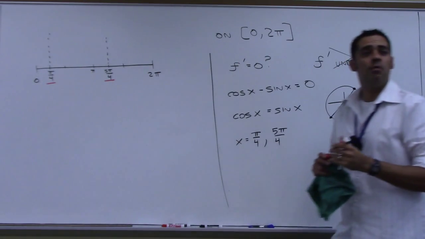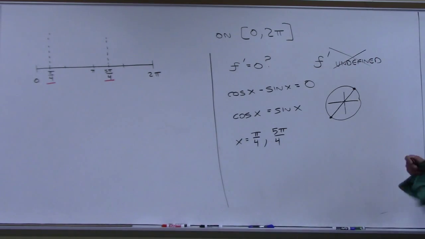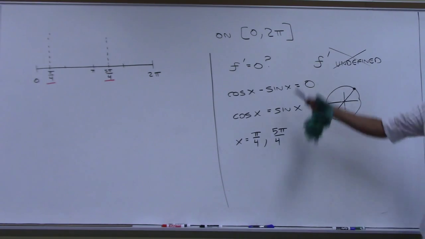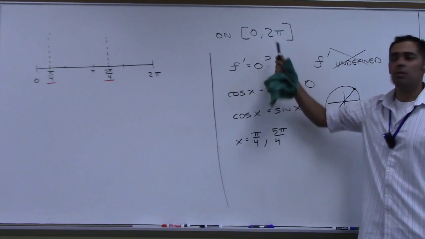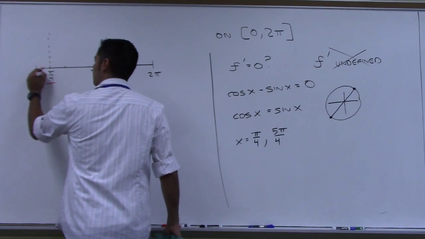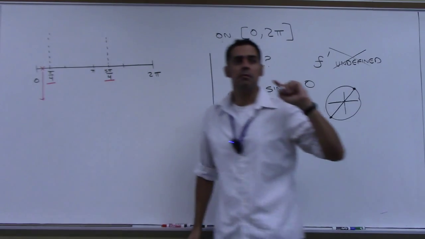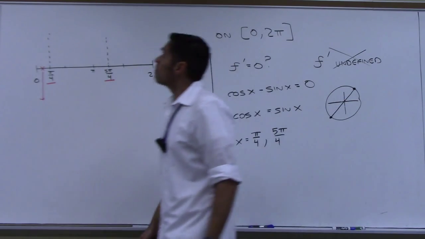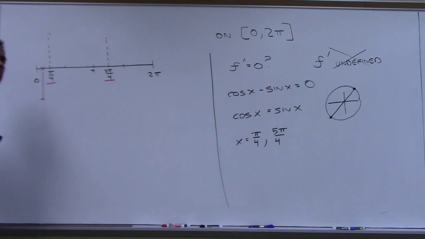So I need some test points. My test points are any point to the left of pi over 4, but it's got to be in this interval too. We could do 0. Y'all want to do 0?